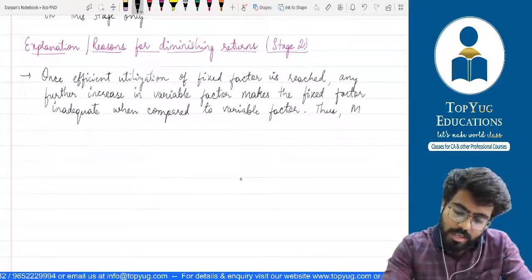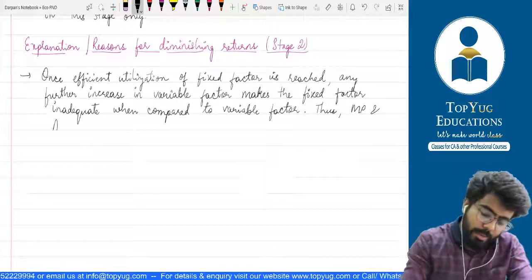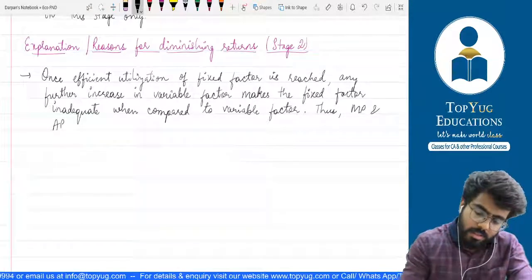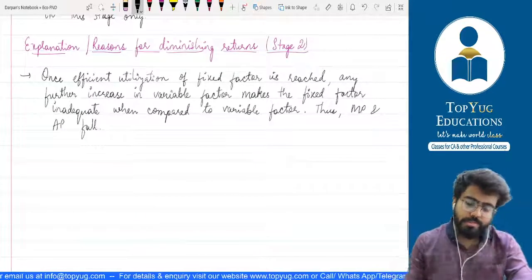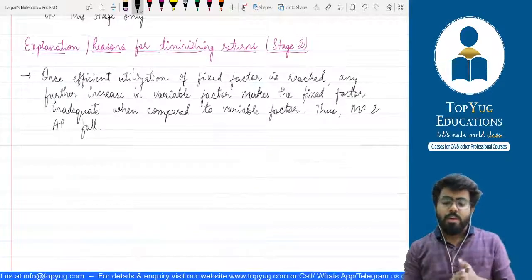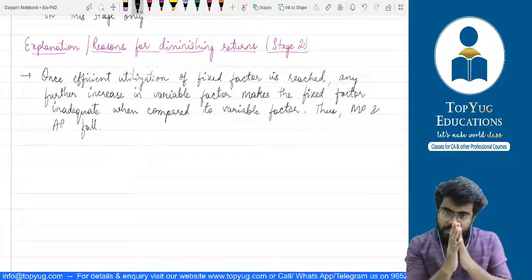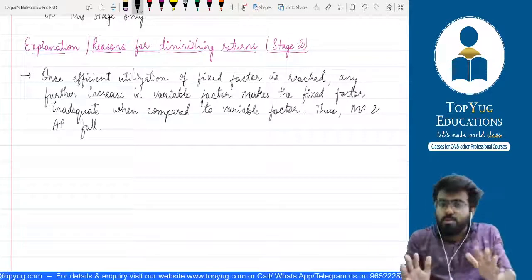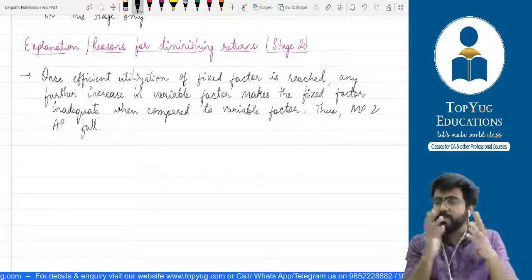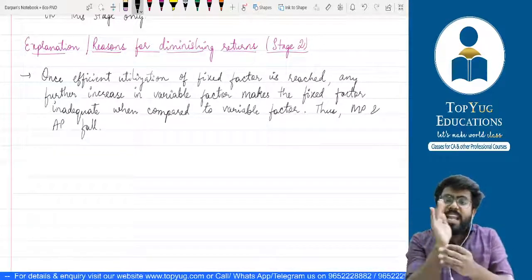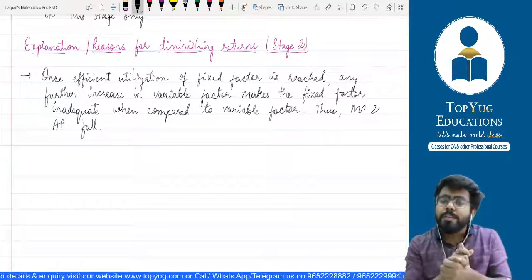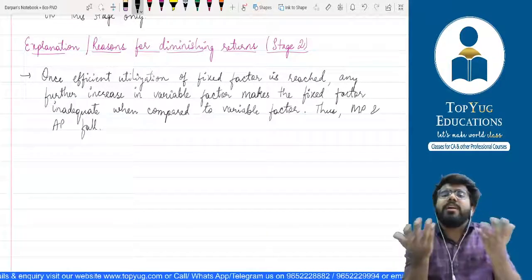Thus MP and AP fall. So because your fixed factor has been efficiently utilized, 8 were needed, 8 were employed. Now with the 9th person, what will happen? The machinery will be inadequate.